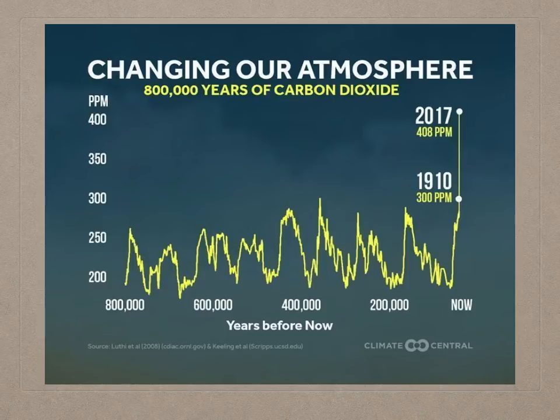And you can see that the precipitous increase in atmospheric carbon dioxide since the Industrial Revolution is quite strong relative to the levels of atmospheric CO2 that existed during glacial interglacial cycles over the last 800,000 years. We're now presently well above 400 parts per million. In 2017, it was 408 parts per million. And it's been over 2 million years since the planet had that much carbon dioxide in its atmosphere.